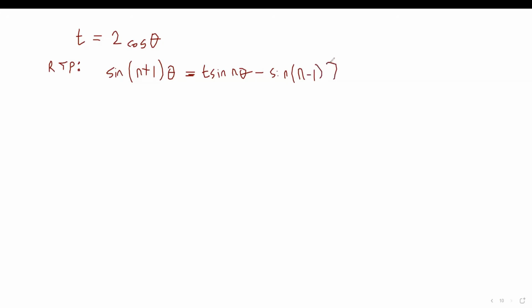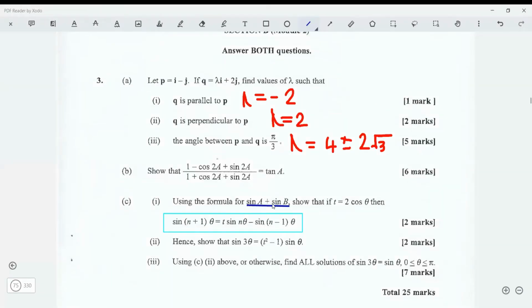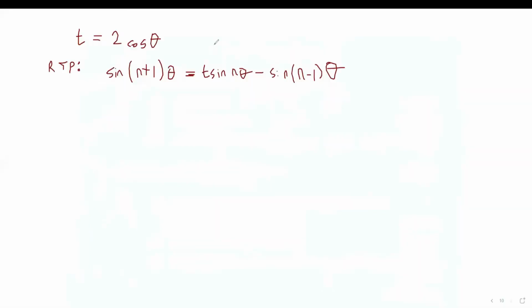Now, Marika, read this now. If this is what you're required to prove, it said using this. Now, there's no way we can use this if we're going to prove it this regular way. So in other words, even though this is what we're required to prove, look what we're going to do. We're going to do something a little weird. We're going to bring over the minus over here to make it plus.